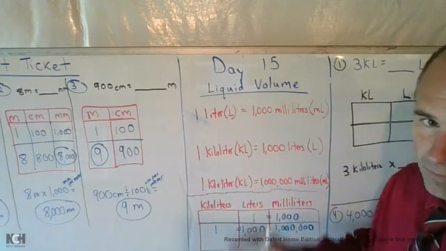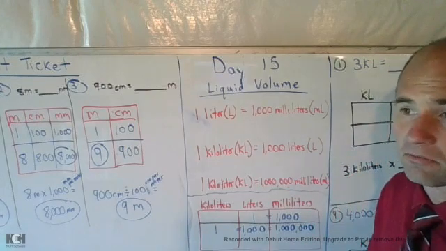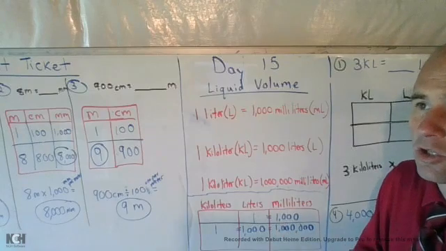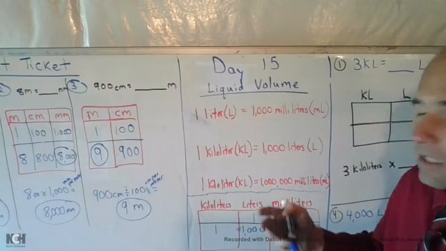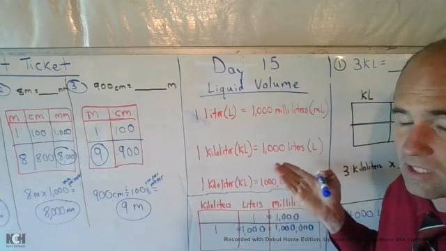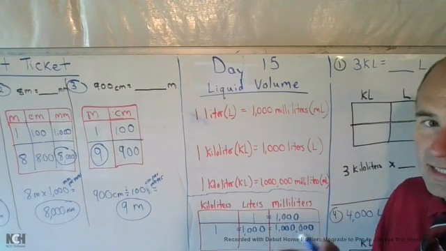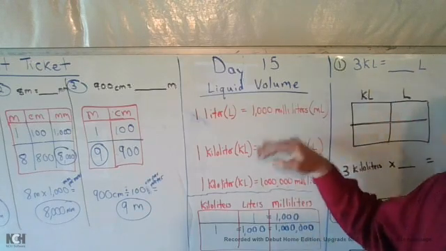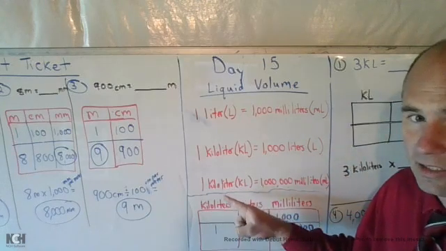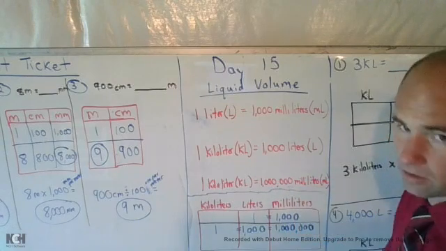Companies that deal with a lot of different types of liquids, maybe even gases, might have kiloliters, because 1 kiloliter equals 1,000 liters. So when you put all that information together, you end up finding out 1 kiloliter is 1 million milliliters.